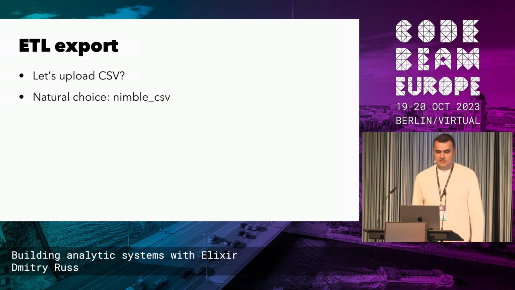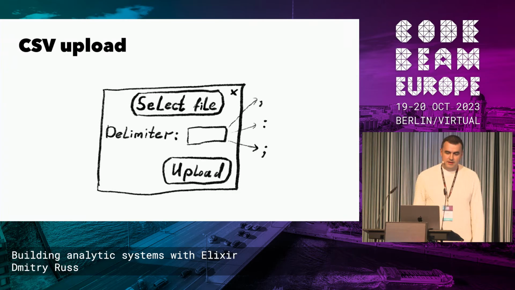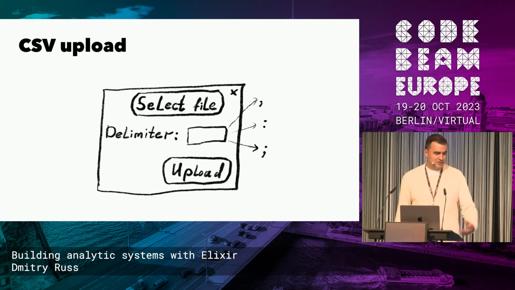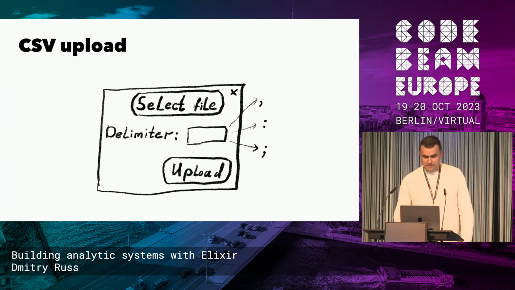might be NimbleCSV, which is actually a really great library for doing this. But from data scientists, how they use it, there are different formats of CSV, not really standardized as it should be. So you can have very different delimiters or separators in your file.